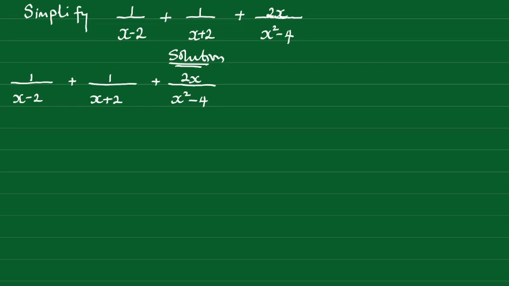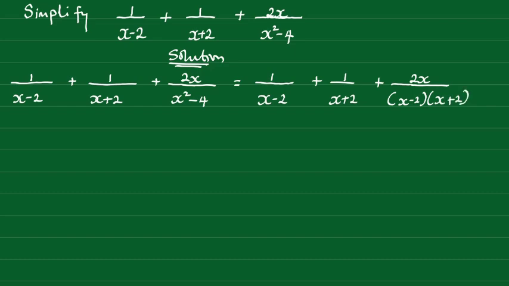So our expression can be rewritten as 1 divided by x minus 2 plus 1 divided by x plus 2 plus 2x divided by (x minus 2)(x plus 2).